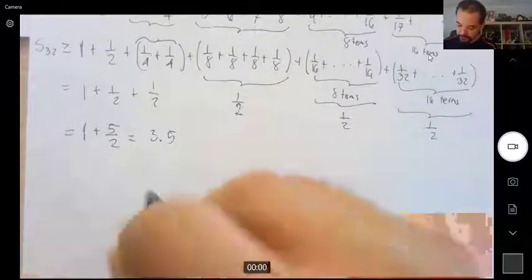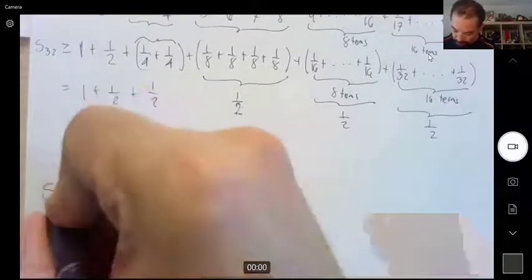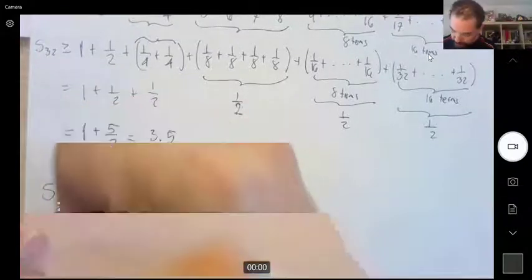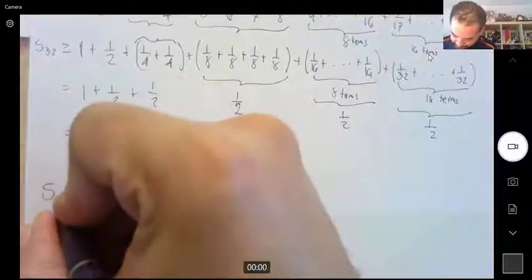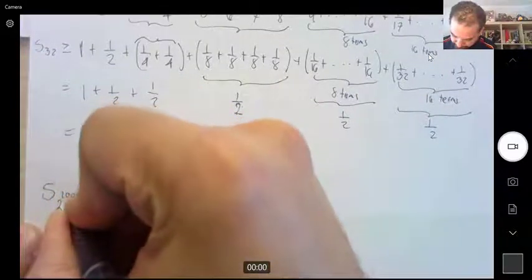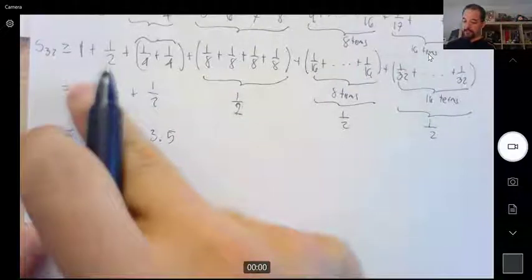Let's use S sub 2 to the power, what do I need here? 2,000,000. Right? What is that? Well, it'll be something gigantic, but what is the idea? I'm gonna keep doing this, right?